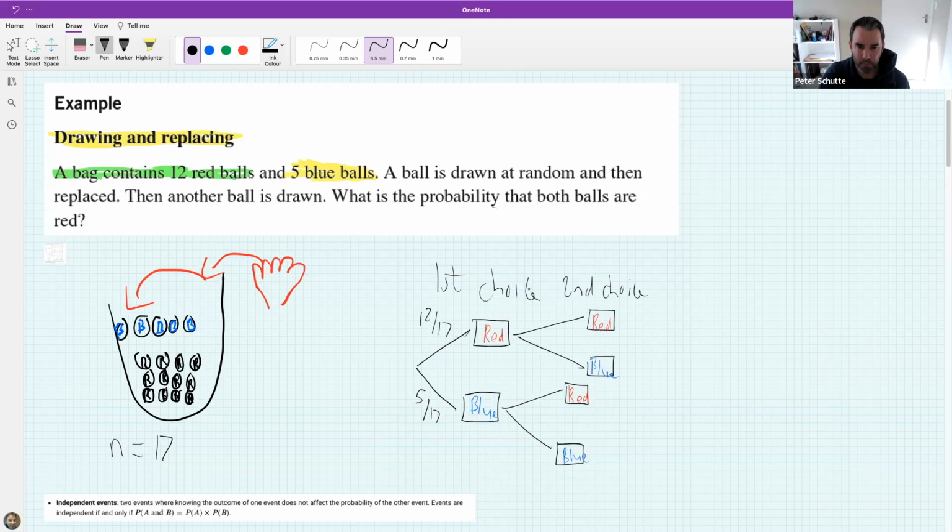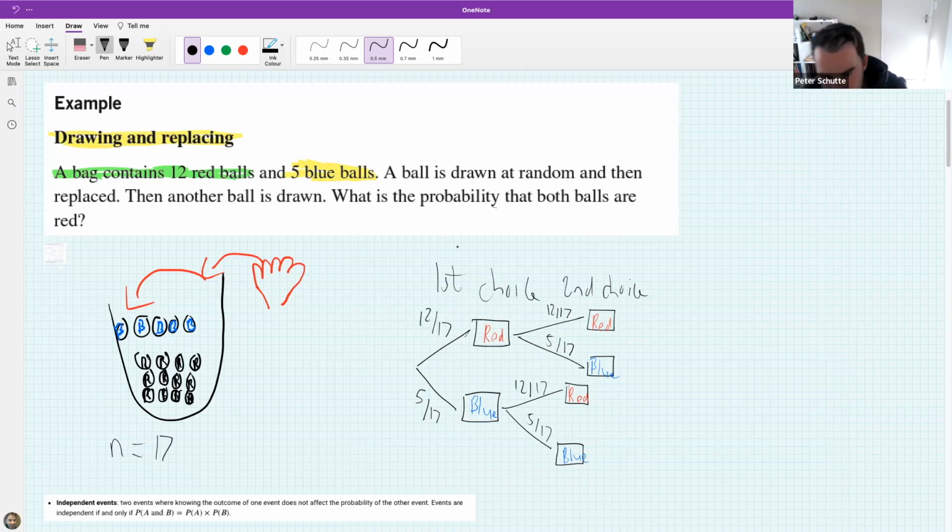So what is my probability of getting red on the second draw if I literally put whatever ball I got back inside the container? So these events are independent. They don't affect each other because you put it back. So it's still going to be 12 out of 17 here, and the chance of drawing blue is 5 out of 17. And then the same down here and the same down here.